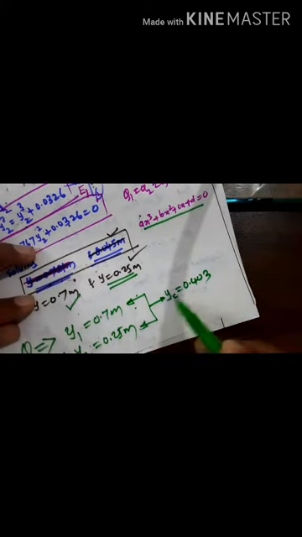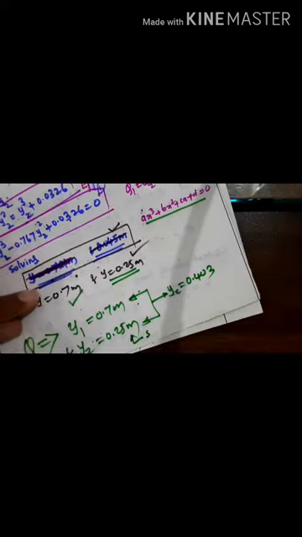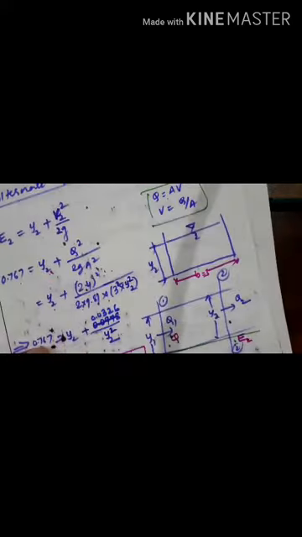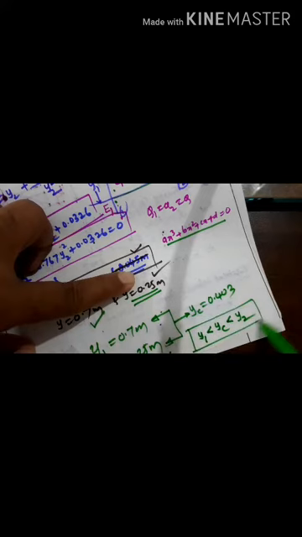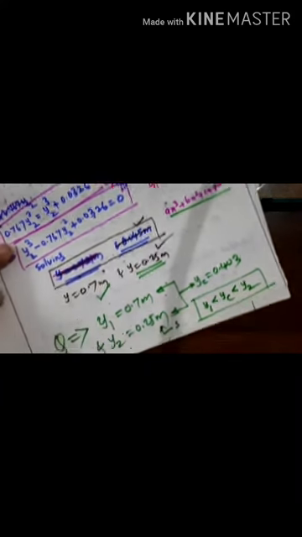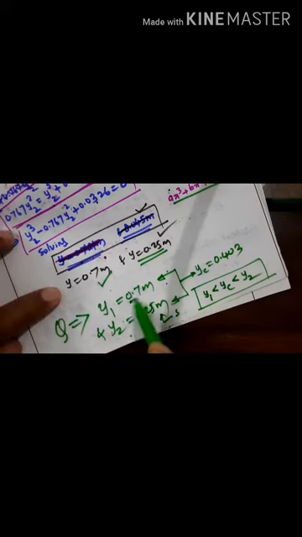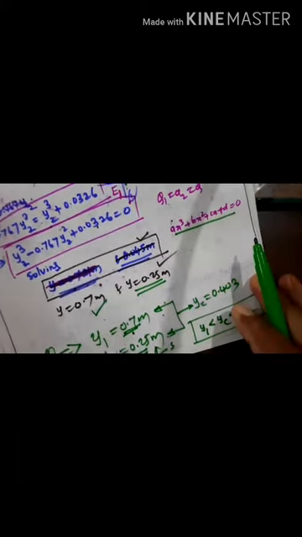One depth is lesser than yc, producing supercritical flow, and one depth is above critical, producing subcritical flow. So one depth is less than yc and the other is greater than yc. One depth we could cross verify, but we got another depth as 0.25 meter. This is a simple problem.